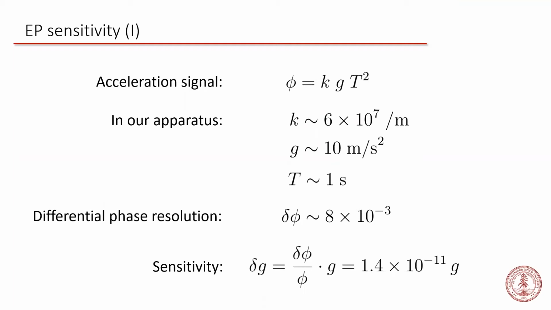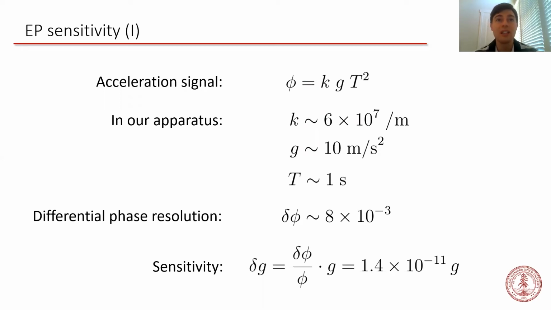So the way in which you've improved so significantly over the previous atomic measurements, is that primarily because of the height of the system, or is the differential phase resolution also substantially improved? Definitely there have been, for instance, gyroscopes with better differential phase resolution than we have, just because they have way more atoms.